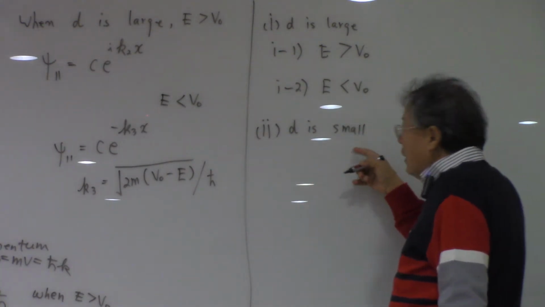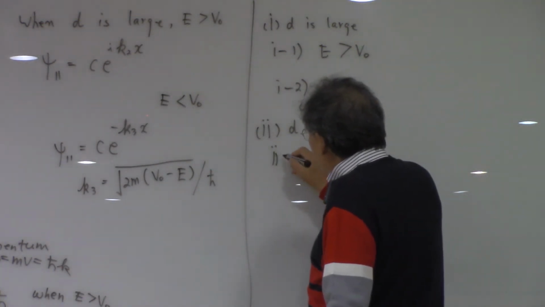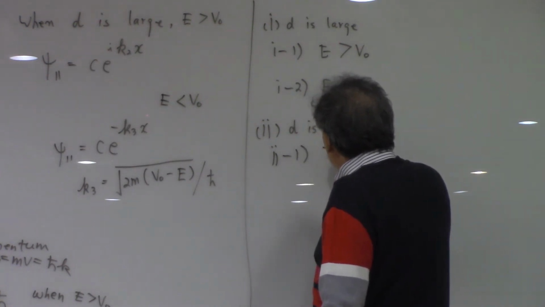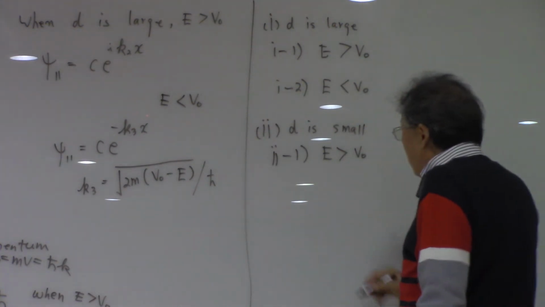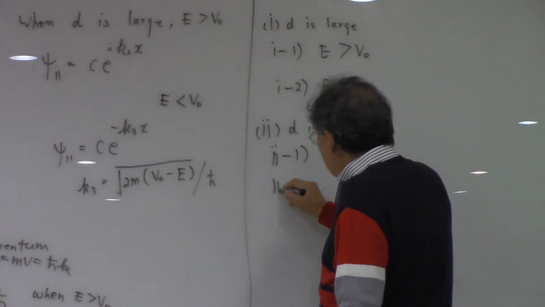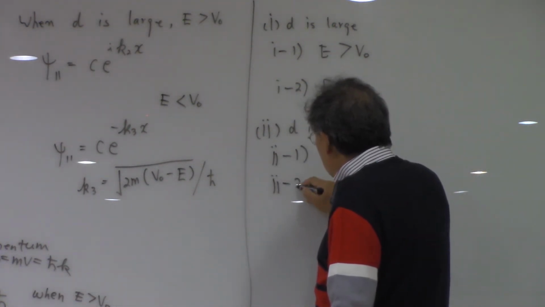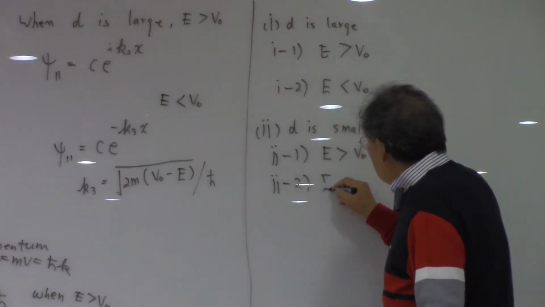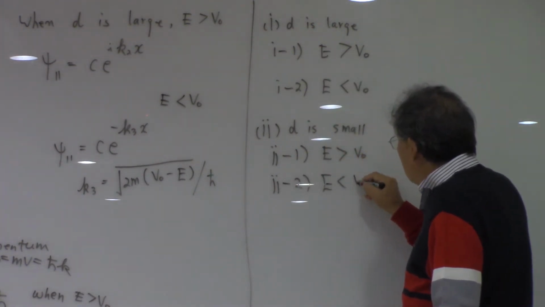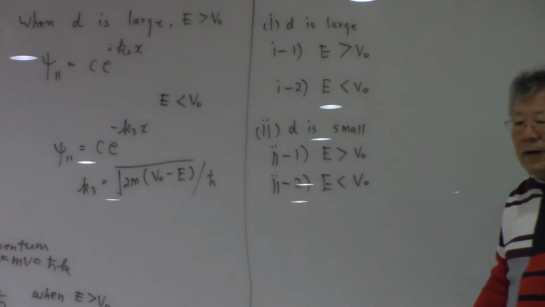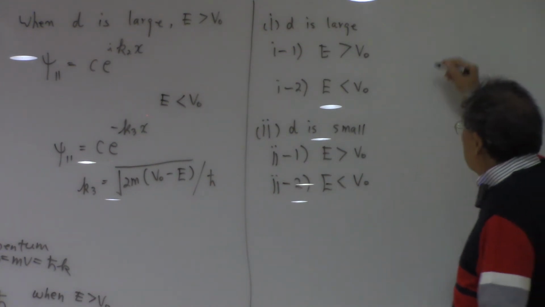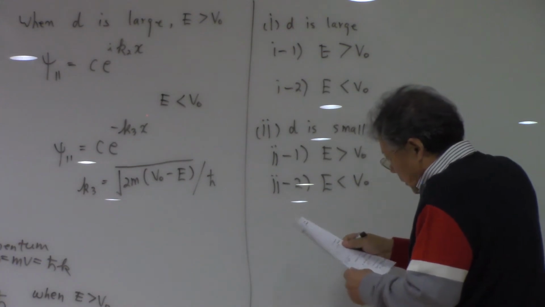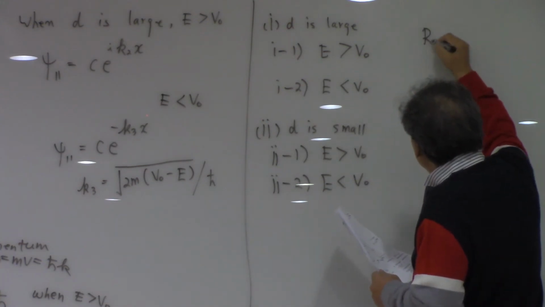And when d is small, we can again have the case where the electron energy is greater than the barrier height, and the case where it is less than the barrier height. For each of the 4 cases, we can get the transmission and reflection coefficients.